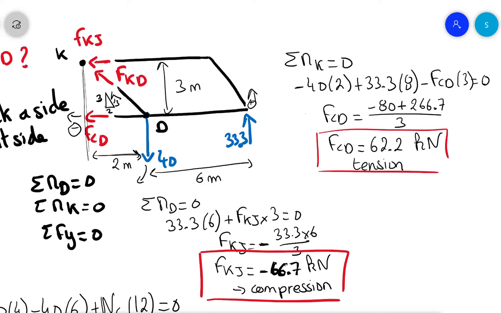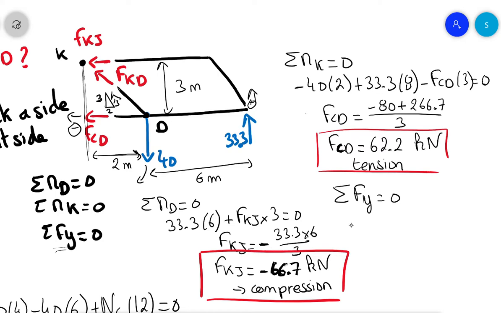Let's use the last equation that we want to use. So sum of the forces, and you can use Fx too if you want. I just like y because y does not include FKG and FCD that we just found. So if we made a mistake for them, we don't reproduce the mistake there. So sum of Fy is equal to 0.